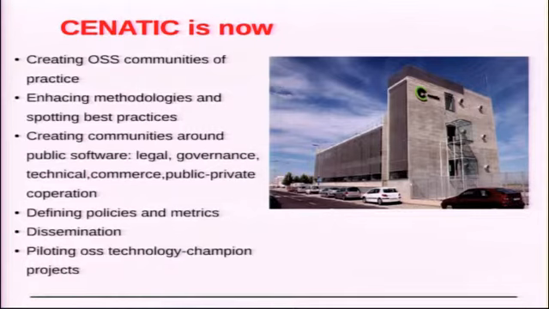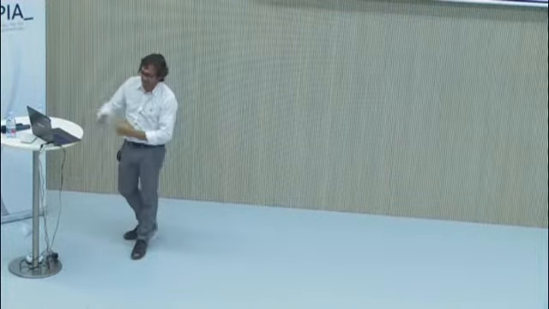We create communities around public software involving legal affairs, governance, technical skills, also marketing and commerce of this solution, and public and private cooperation. We're trying to define policies and metrics for your open source project. We help you disseminate, as we are doing today. And recently, we're piloting what the ministry called technology champion projects.